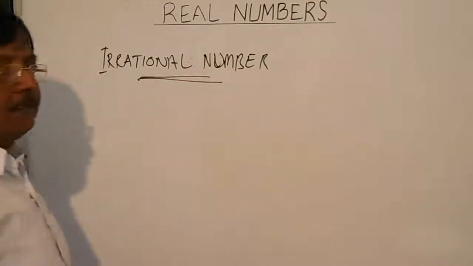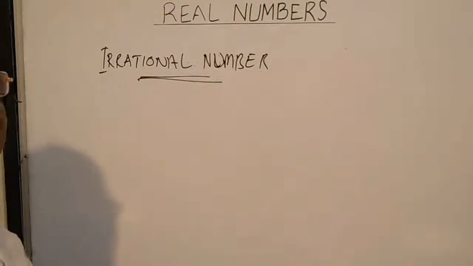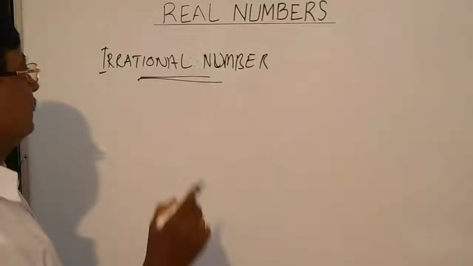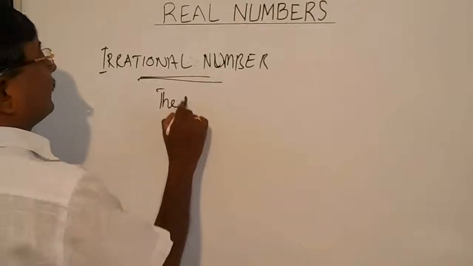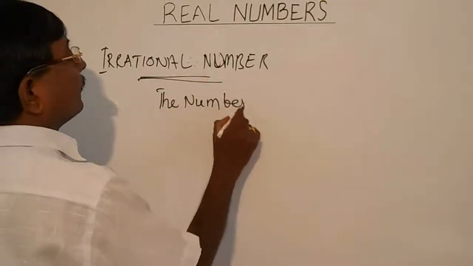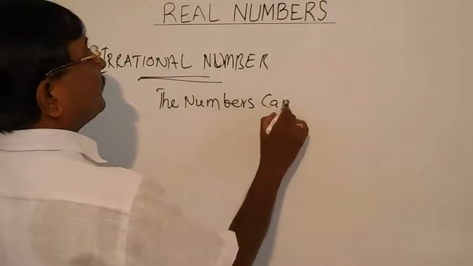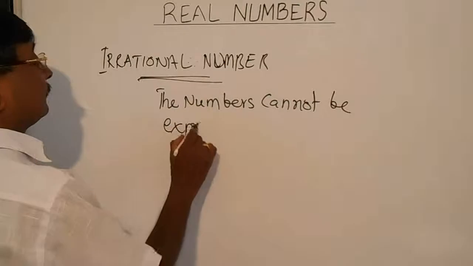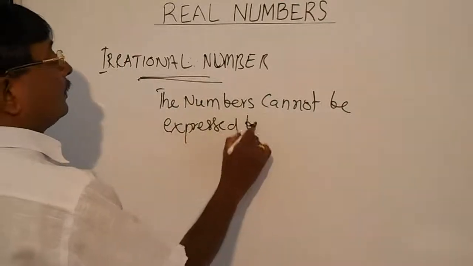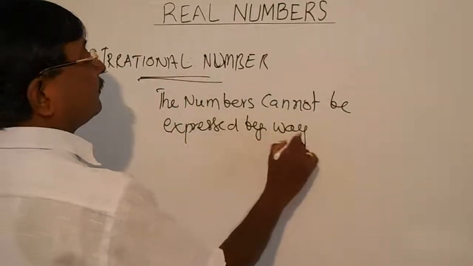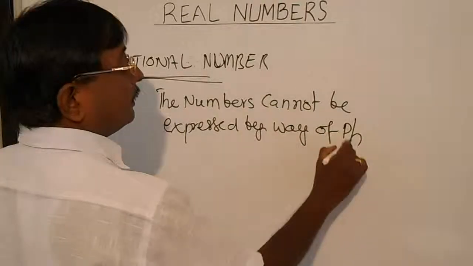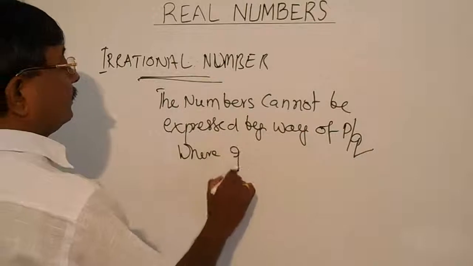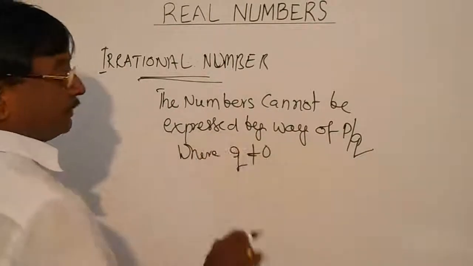In case of rational numbers, the numbers can be expressed by way of P by Q, but here the irrational numbers cannot be expressed by way of P by Q, where Q should not be equal to 0.